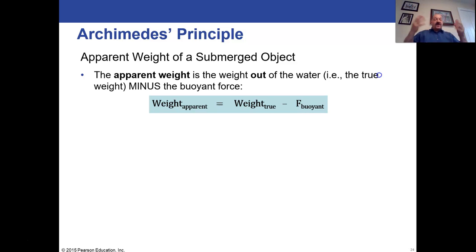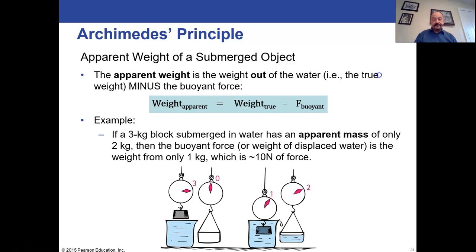If you weigh 150 pounds and you had a bathroom scale in the water and you were able to weigh yourself in the water, and you found you were only 100 pounds in the water, that would be a buoyant force of 50 pounds. That would be pushing you up. So it's your true weight minus the buoyant force that's pushing you up. Remember, weight is going down, buoyant force is going up. The difference will be what you appear to weigh, your apparent weight.